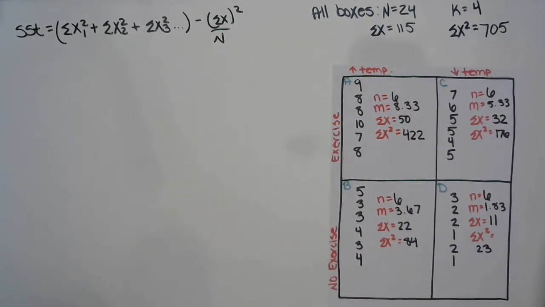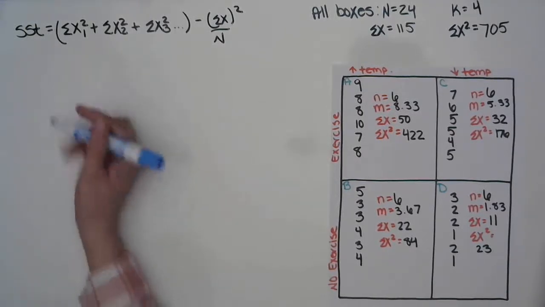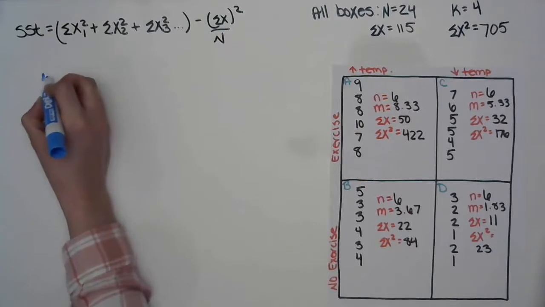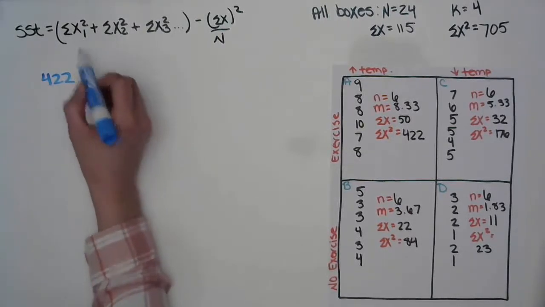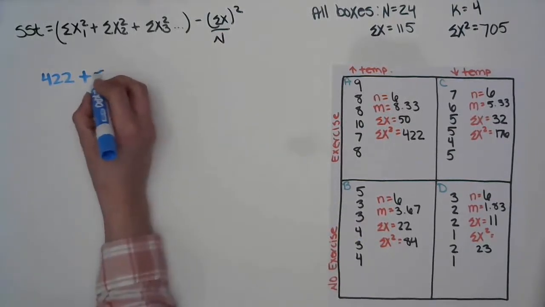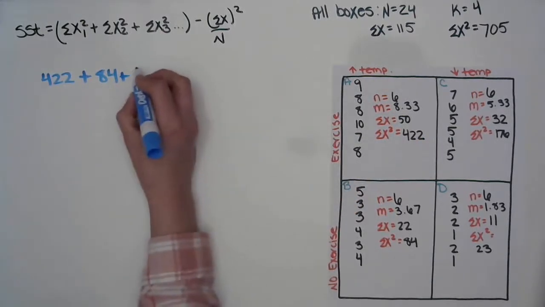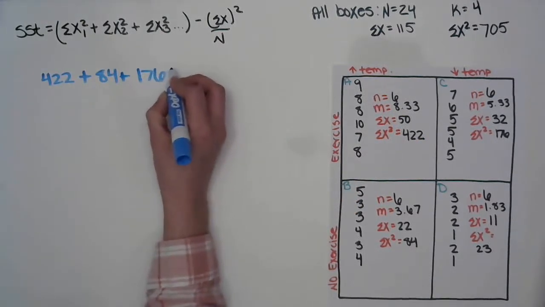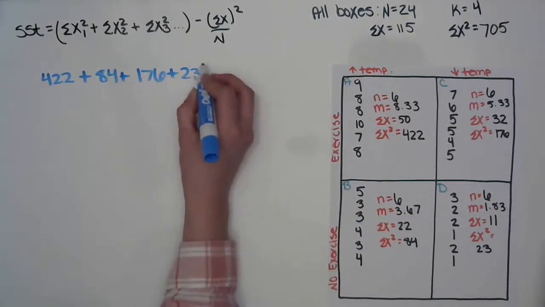I'm going to do it the slower way and plug these values in. So we'll have 422 for the sum of the raw scores squared for group 1, and then group 2, so that'll be 84, plus group 3, which is 176, and group 4, which is 23.